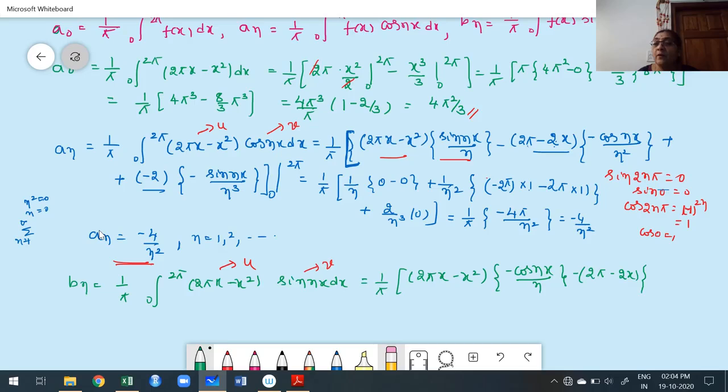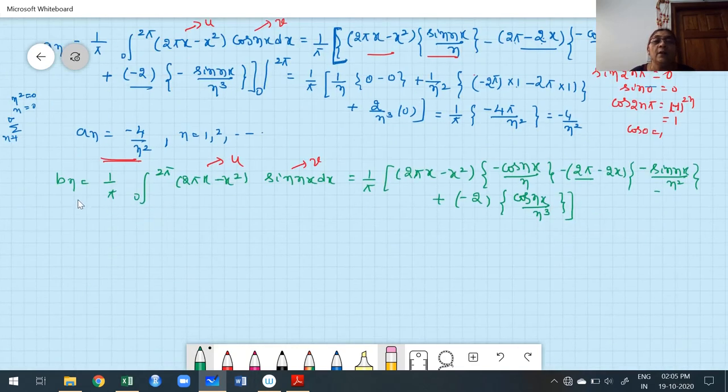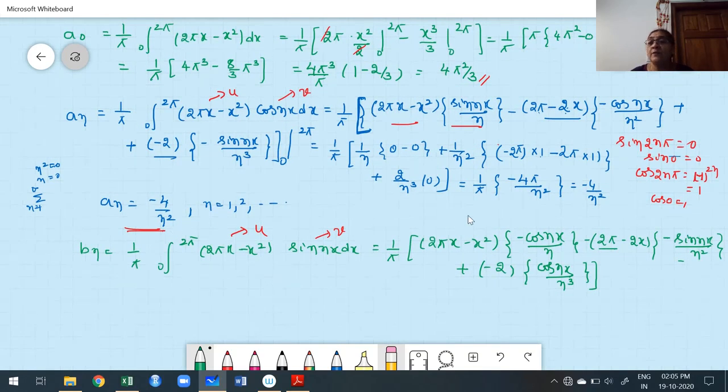What is integration of cos? Minus sin nx by n into n, that is n square, plus differentiation of the constant, 0 minus 2. Again integrate this: minus into minus is plus. We get integration of sin, which gives cos nx by n cube. Now you already know from the previous a_n that sin 2n pi is 0, sin n pi is 0.